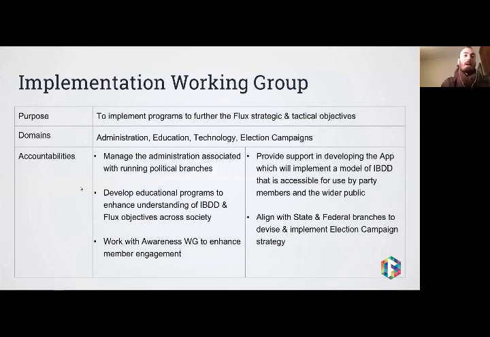Implementation working group. This is a big one. You can see that by the amount of areas there. I guess for me, the implementation working group is the guts of the organization. That's where the thing happens that we say we're going to do. So, one of the big things is coding an app that actually models and enacts issues-based direct democracy that shows us voting in real time on issues.